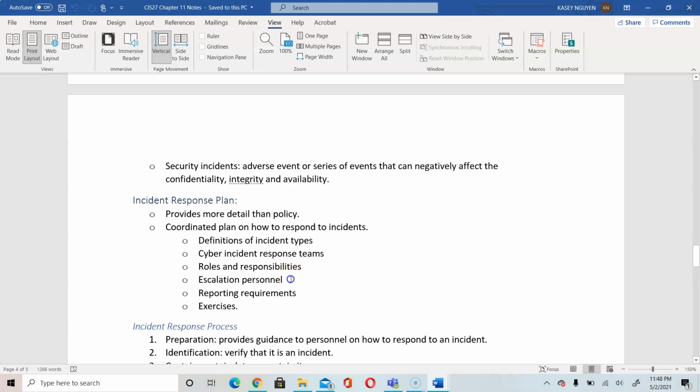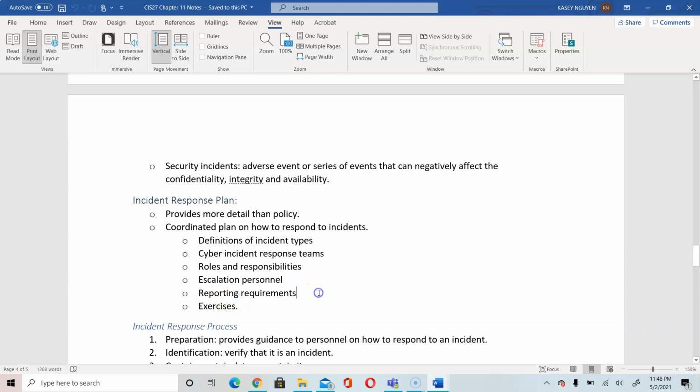Escalation personnel are the individuals we would report to, executive managers who would be able to escalate the incidents, and at some point we would have to notify law enforcement or the public. That will be the reporting requirements. When there's a legal impact, we need to notify law enforcement.